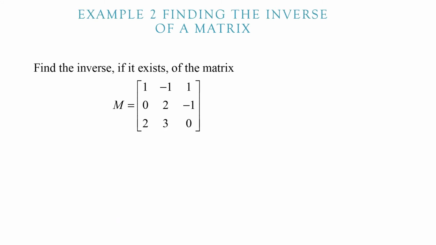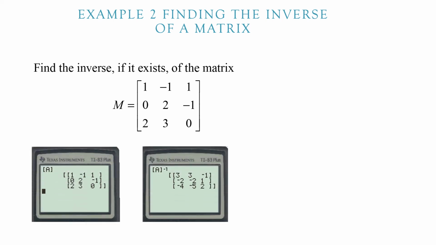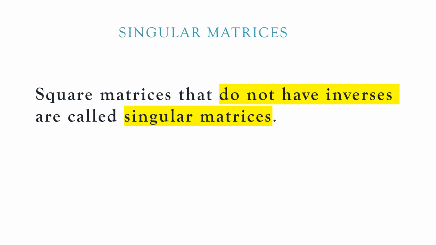Now, in order to find the inverse of this matrix, we enter it in a graphing calculator. We get the inverse, so what I see here will be M inverse. Square matrices that do not have inverses are called singular matrices.